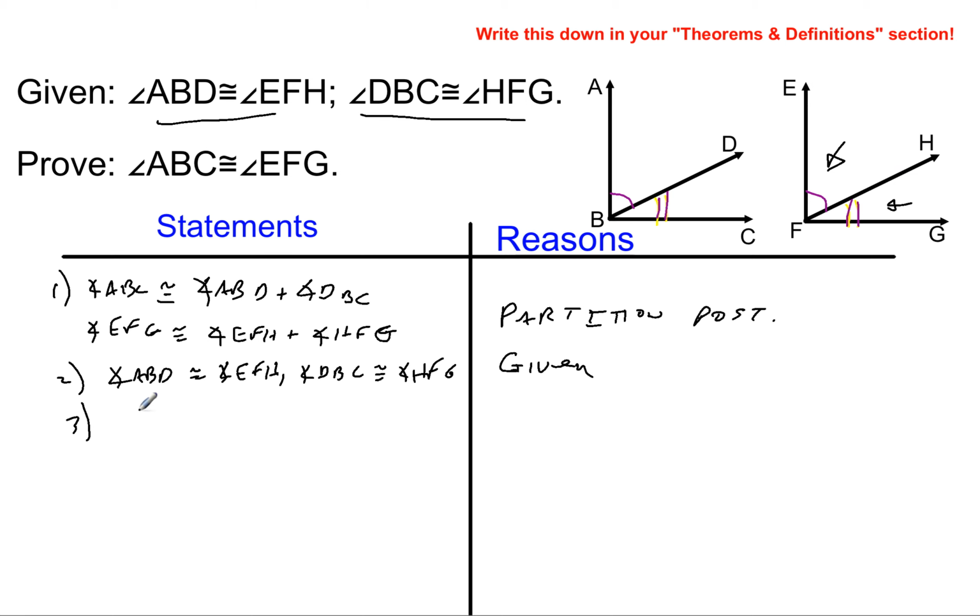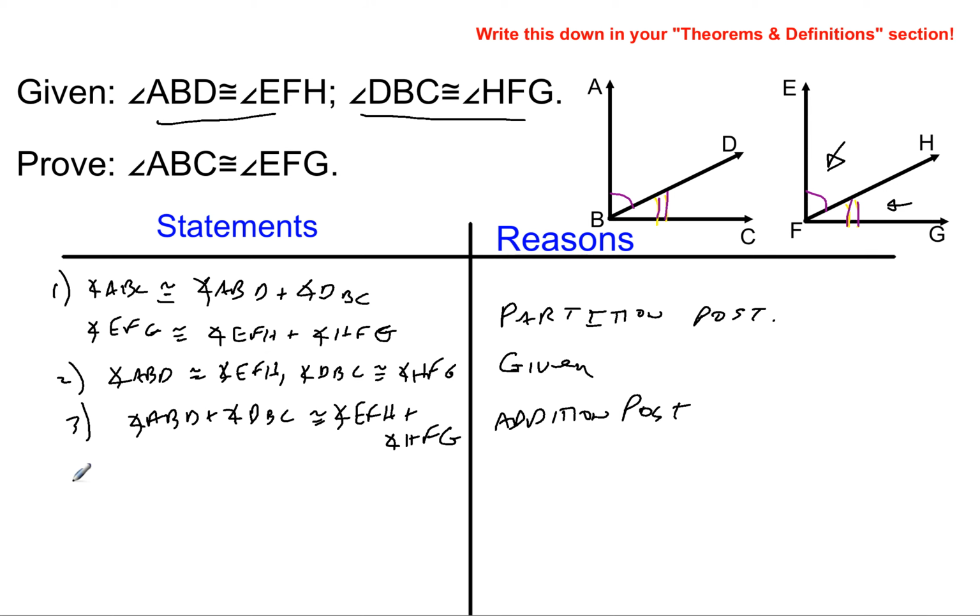So angle ABD plus angle DBC is congruent to angle EFH plus angle HFG. And the reason for that is the addition postulate.